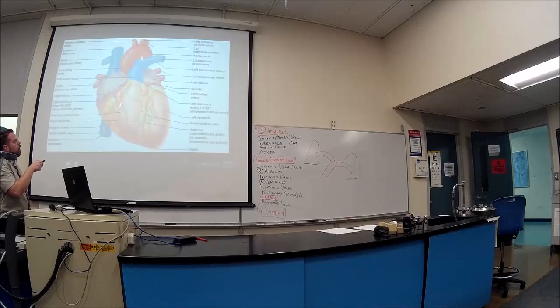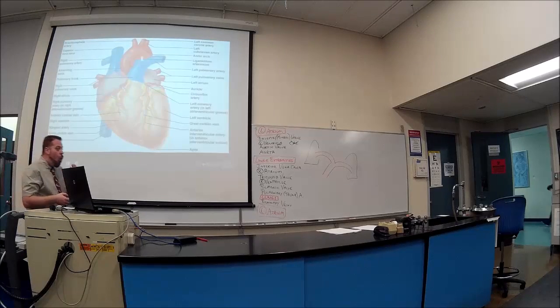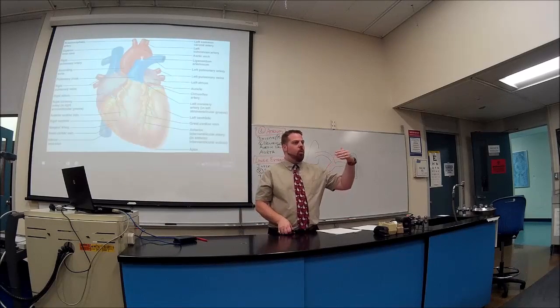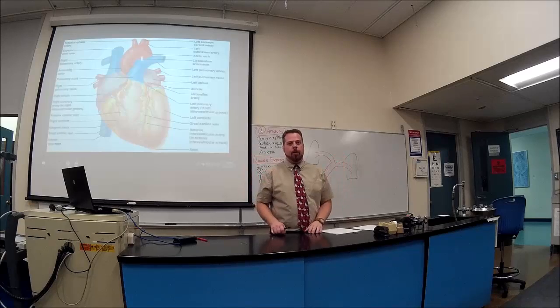When blood gets to the right ventricle, it pumps it into the pulmonary trunk. The pulmonary trunk has two branches. One goes this way, and one goes that way. Pulmonary trunk leads to the two pulmonary arteries, like what I drew for you up here. Goes to the lungs. Now from the lungs, it's going to carry oxygenated blood, and there's going to be 4 pulmonary veins. 2 from one lung and 2 from the other lung.